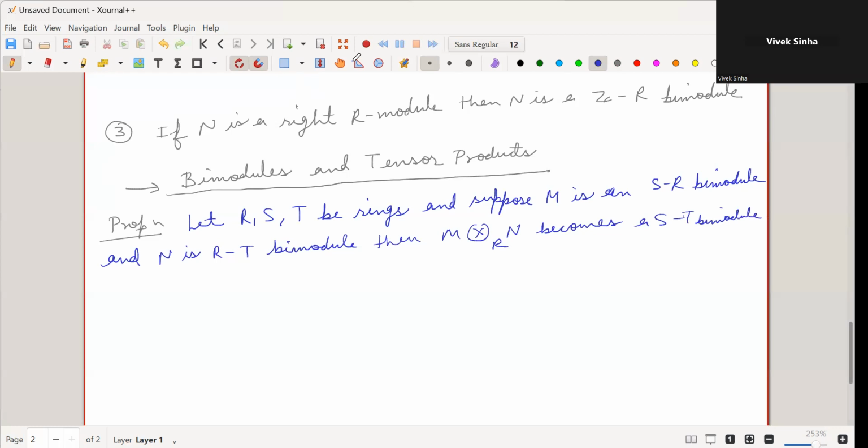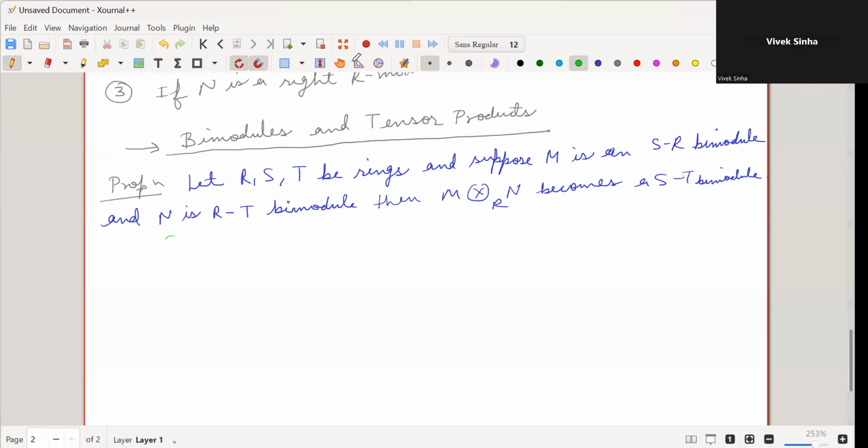Okay, so how is it happening? So see, you have M tensor over R N. M has an SR bimodule structure, and N has an RT bimodule structure.